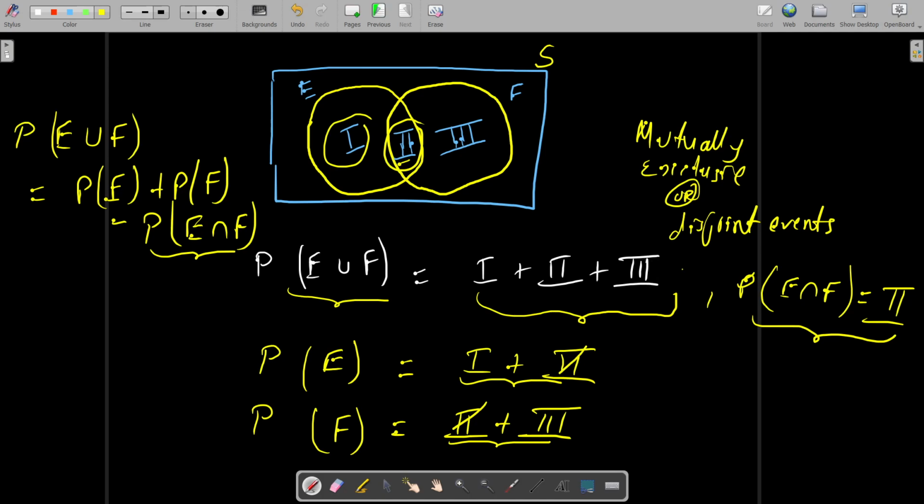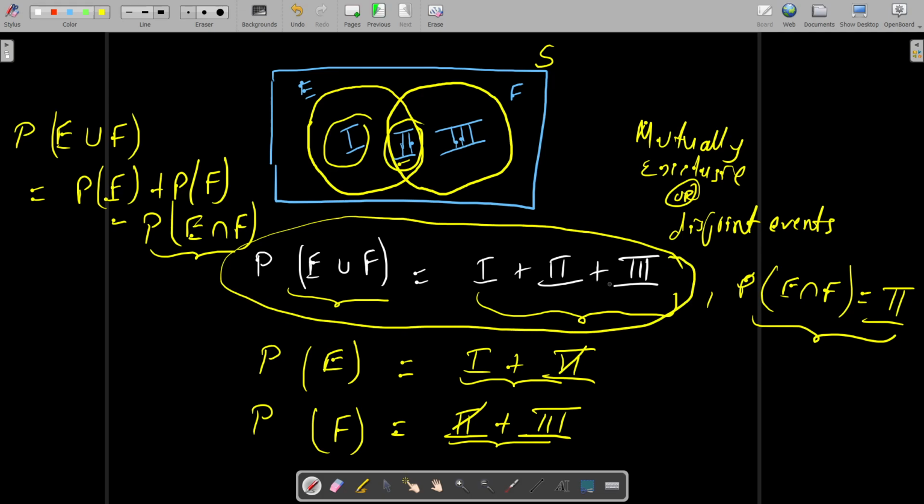That's why we write it like this. And if you add E and F, you get 2 in common, so these are not mutually exclusive events.